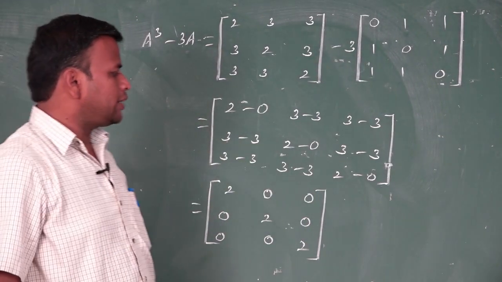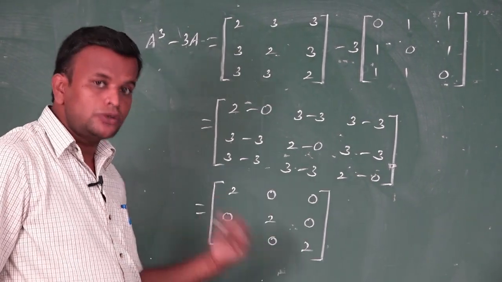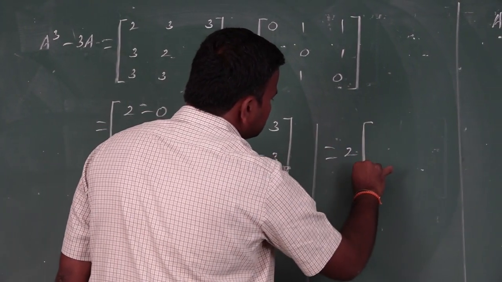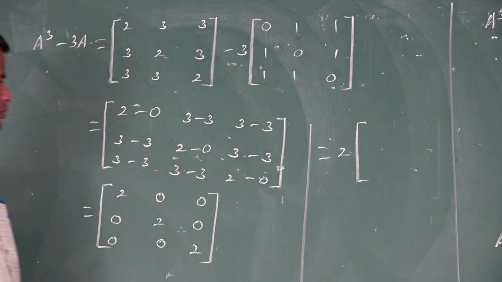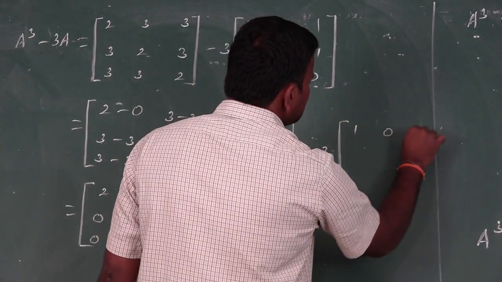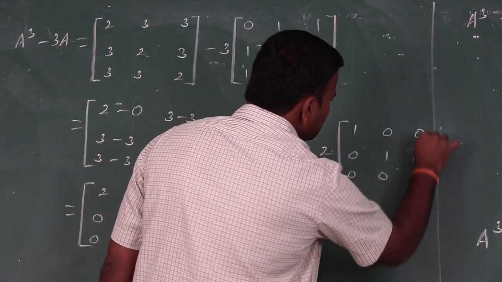You check: one element is common here, the element 2, in each and every position. So I take 2 outside. The remaining is 1, 0, 0, 0, 1, 0, 0, 0, 1.